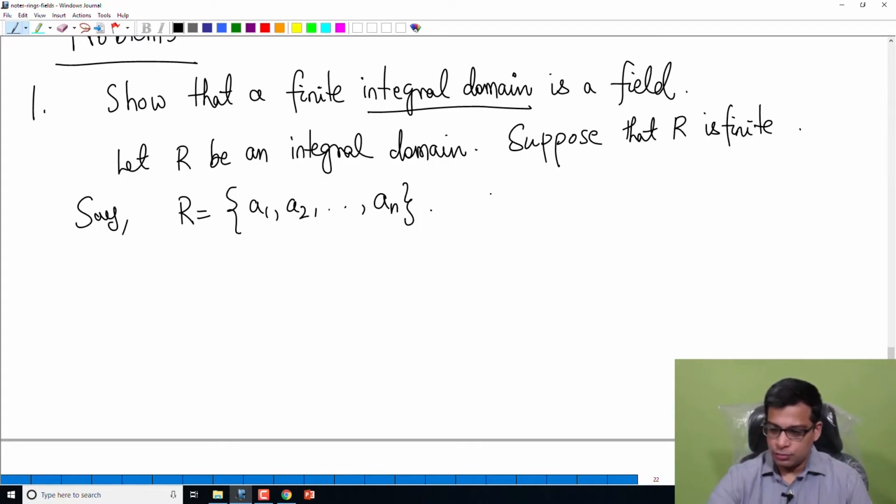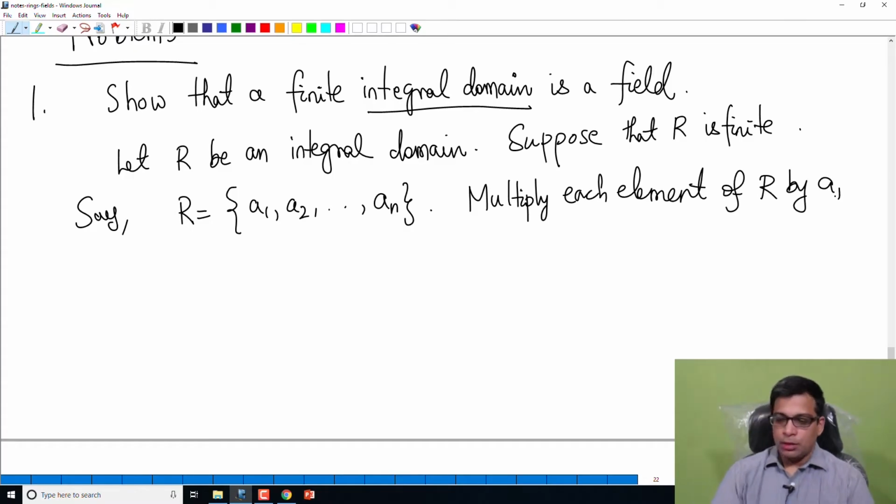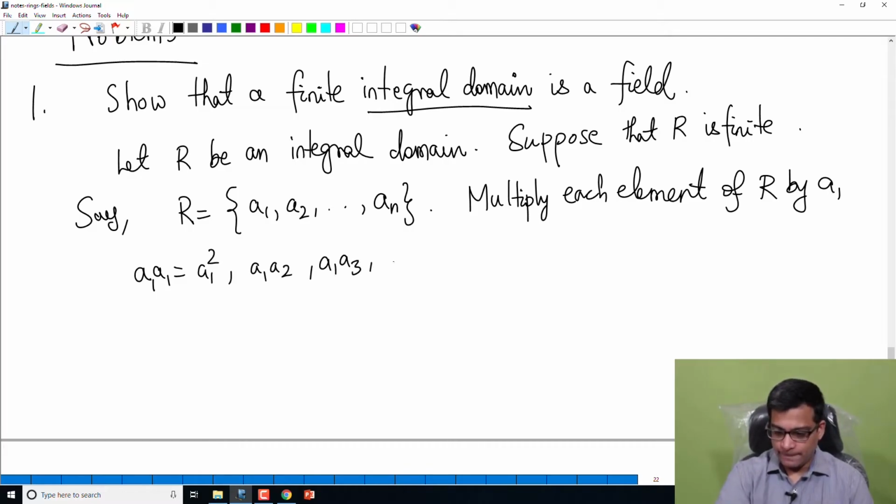Now multiply each element of R by A1. So what I'm doing is considering A1 A1, which is A1 squared, A1 A2, A1 A3, ..., A1 AN.